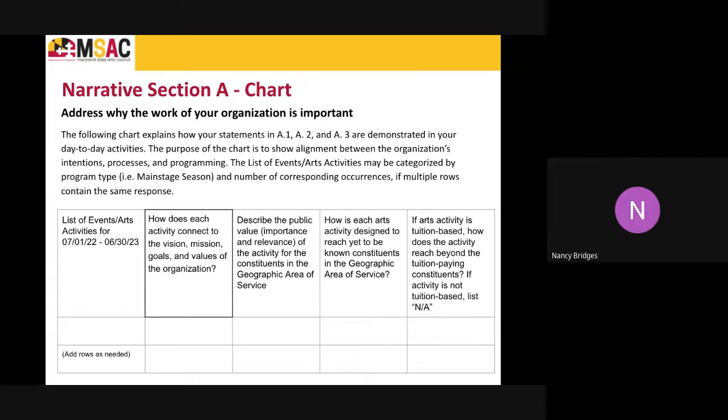So if I may ask about a specific example, I have two specific examples. One is if our orchestra gives a concert in a local school, it's not open to the public, right? Because it's for children who attend that school, but we don't charge anything for it. So does that count as a non-tuition based activity?